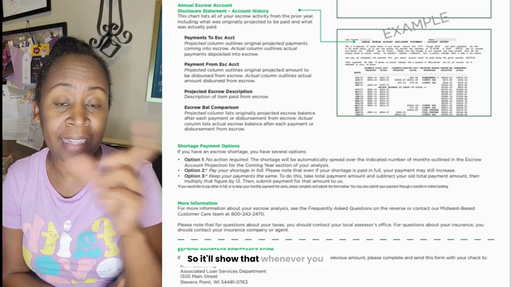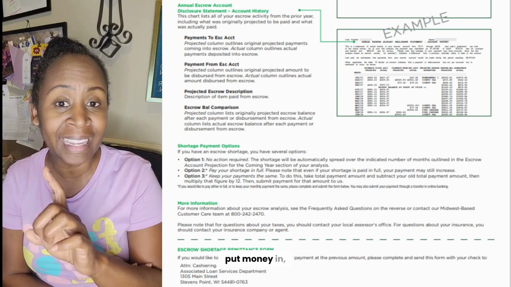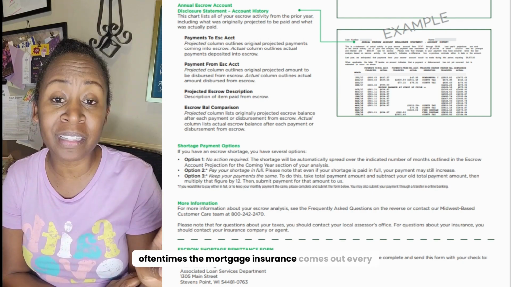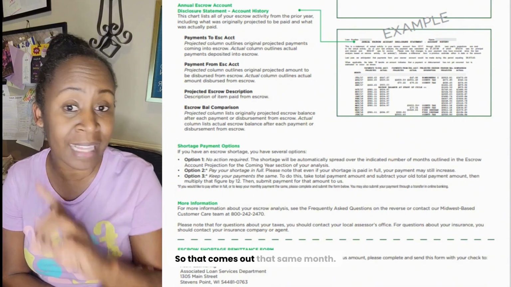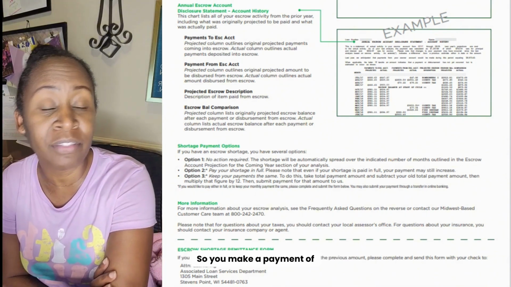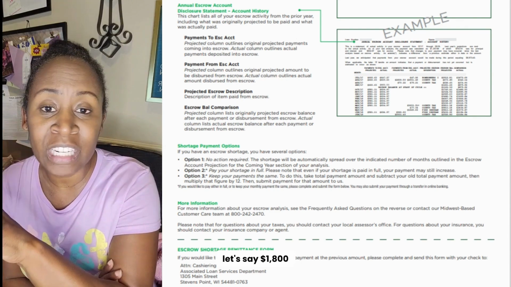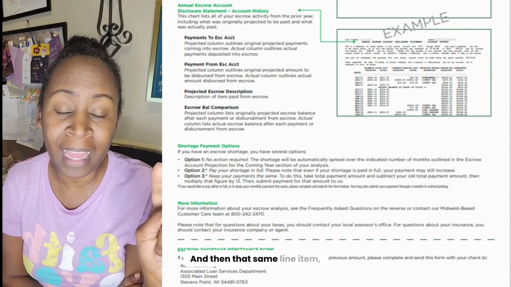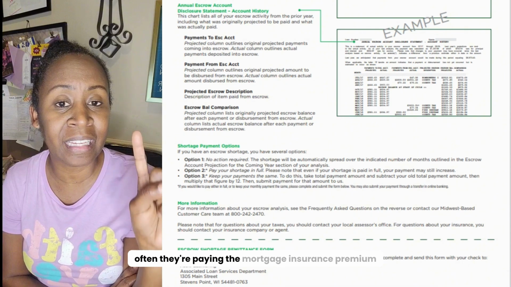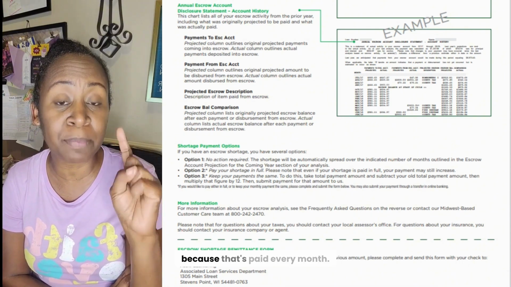Oftentimes the mortgage insurance comes out every month. So you make a payment of, let's say, $1,800, and then on that same line item, often they're paying the mortgage insurance premium because that's paid every month.